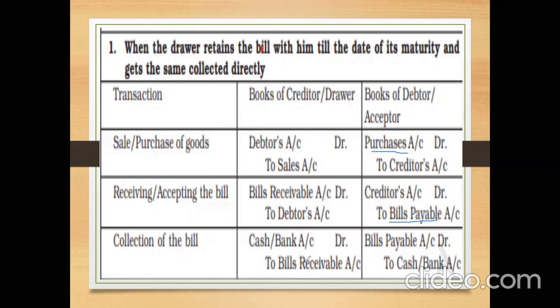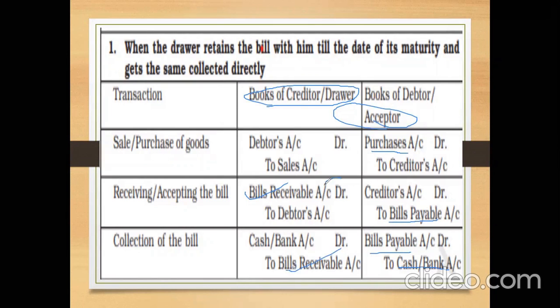And on the date of maturity, when he actually pays the money, the journal entry will be bills payable to cash. Now you can see one important thing in both the drawer and drawee: whatever bill account is opened will be nullified and closed.